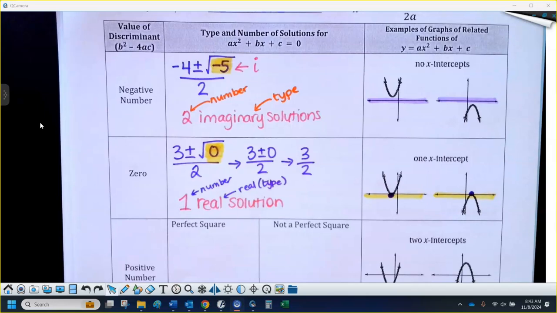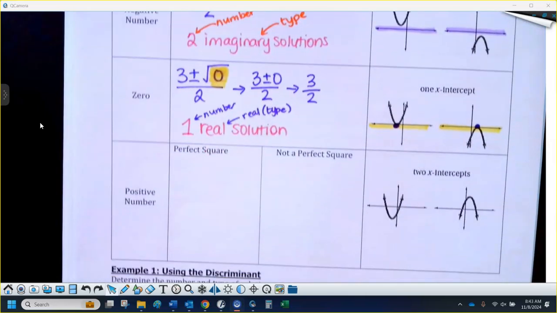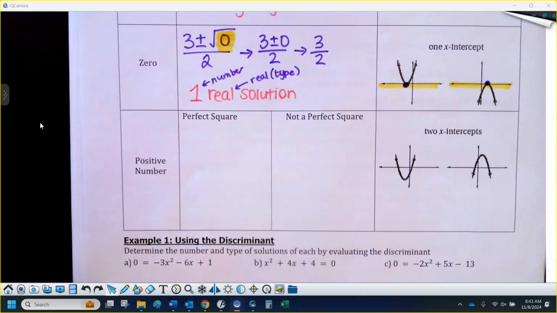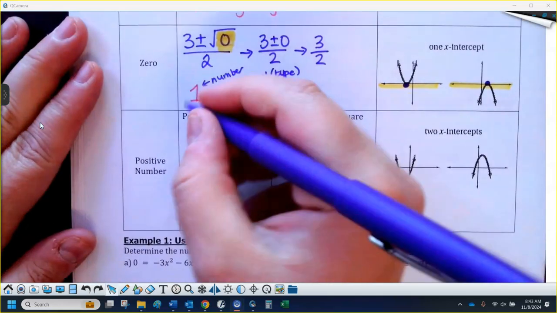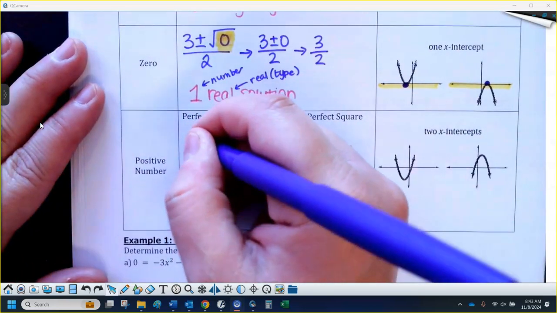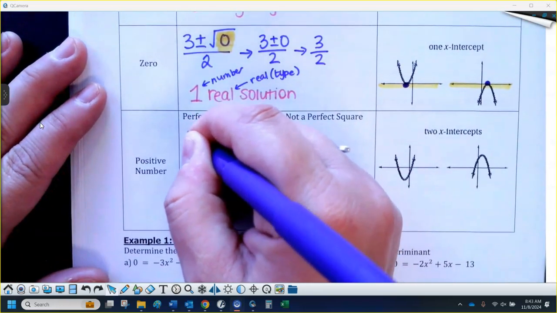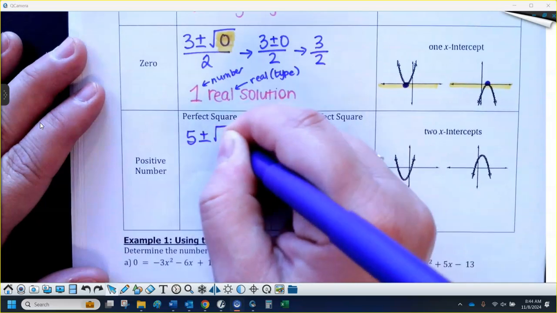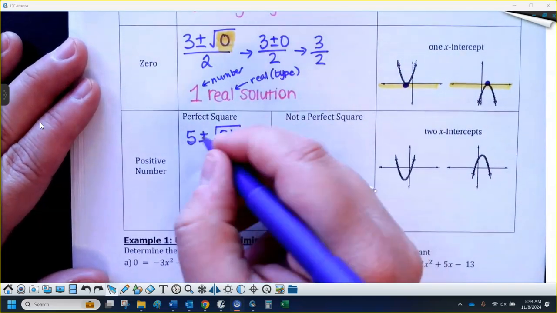All right. Now, the last situation that you're going to have depends on the problem. So let me make something up here. If I get a positive number as my discriminant, there are two different things that can happen to influence how I would write this. Let's say I have 5 plus or minus, let's say we get an 81 under the square root.